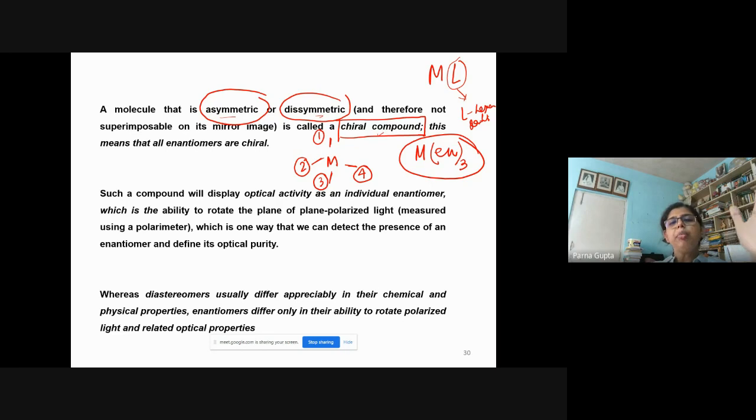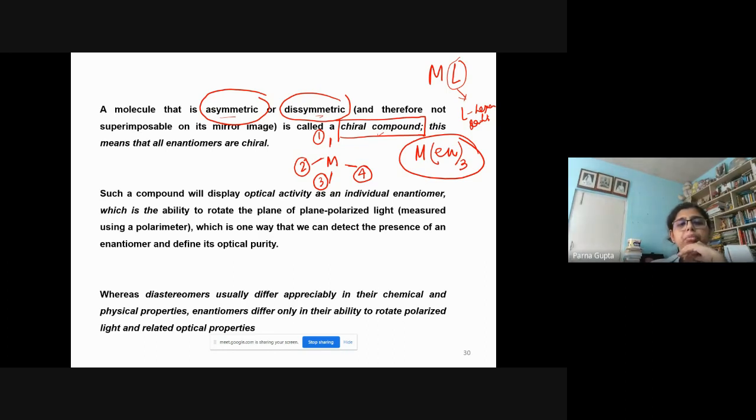That is the main thing to understand about optical activity. It is very easy, and I shall not explain it anymore. If you read it, it will be very easy for you to understand.